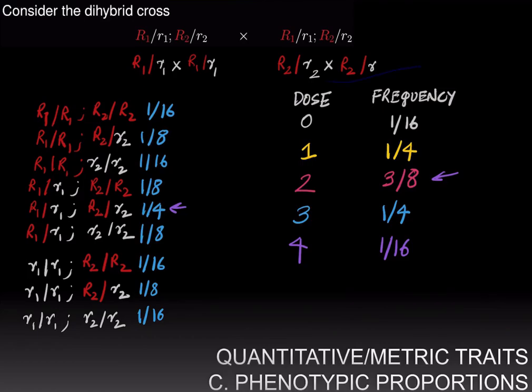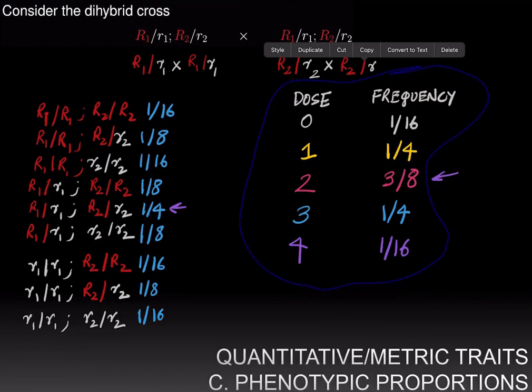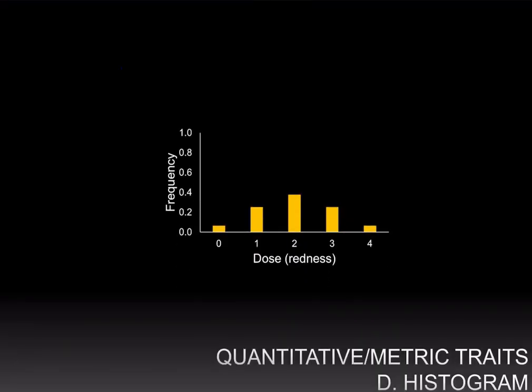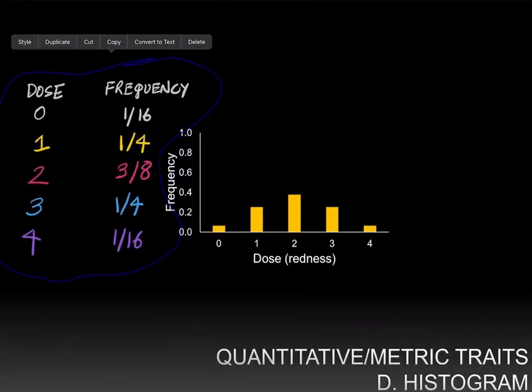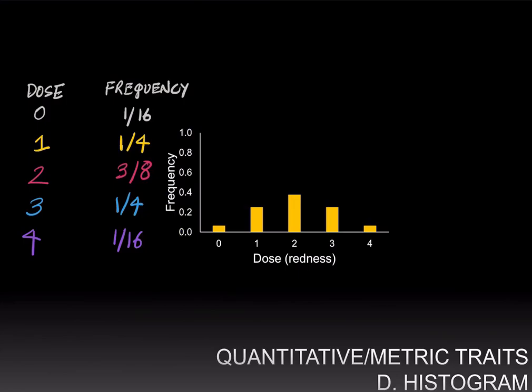And that is why if you have incomplete dominance and a polygenic trait where multiple genes contribute to the phenotype, you tend to get frequency distributions of this sort, where the intermediate values, the intermediate doses, are the most frequent and more common, and not the extremes like they are in Mendelian traits.